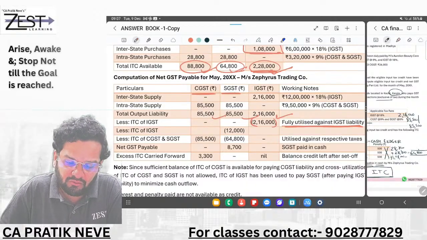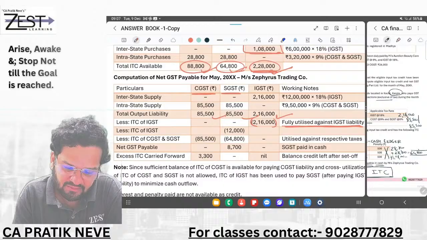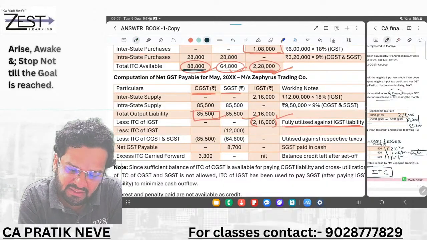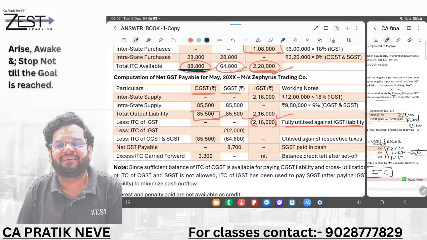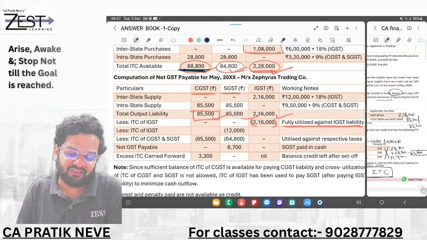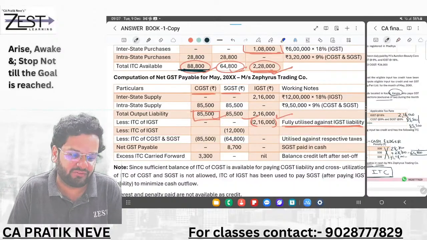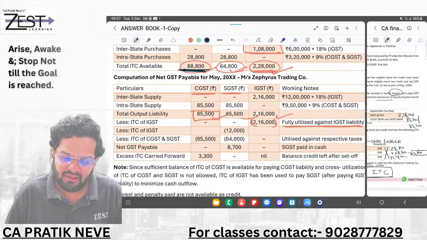So if you observe, the output tax of CGST is 85,500, but its ITC is 88,800. So you have sufficient ITC of CGST to pay output tax of CGST. So you will avoid using for that. Let's see SGST.